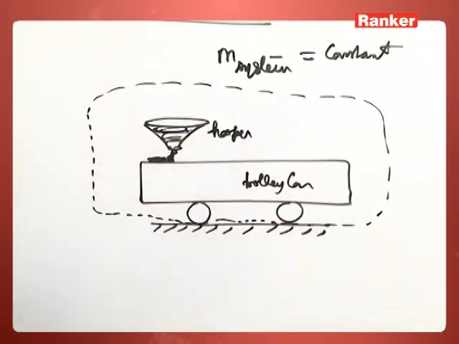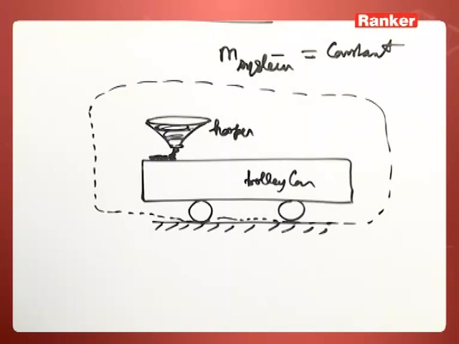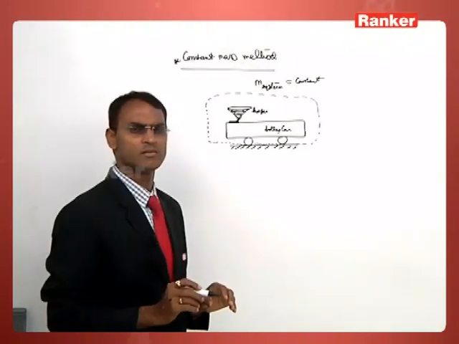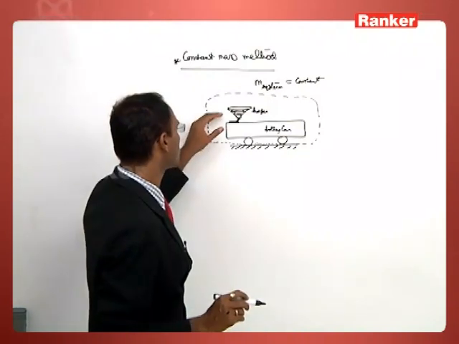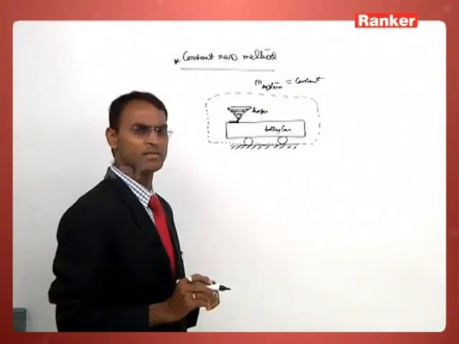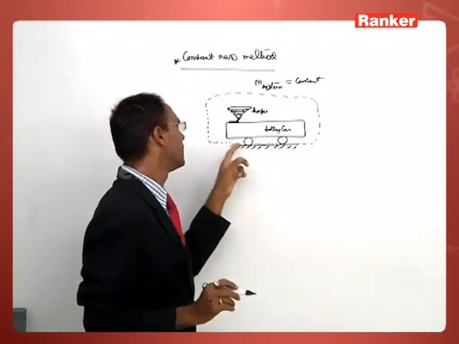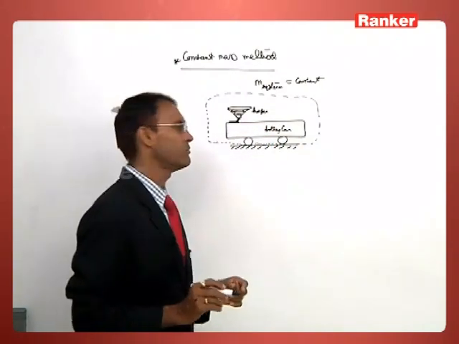If you take the trolley car as a system, it gains mass due to the loading sand. Therefore, the trolley car cannot be regarded as a constant mass system.